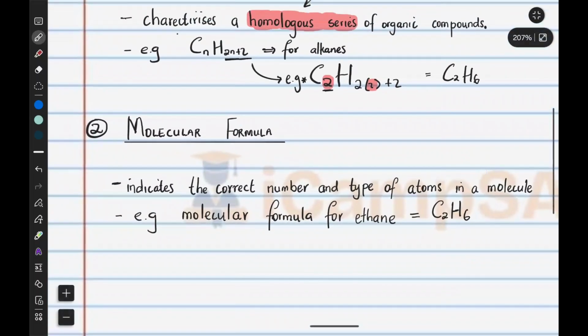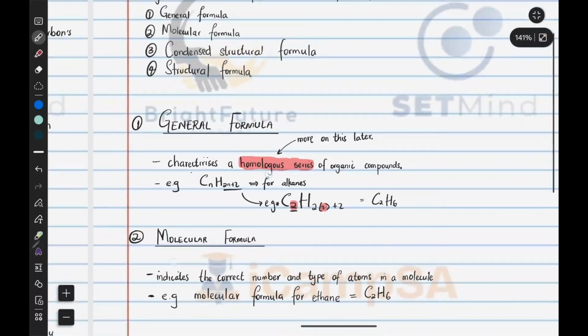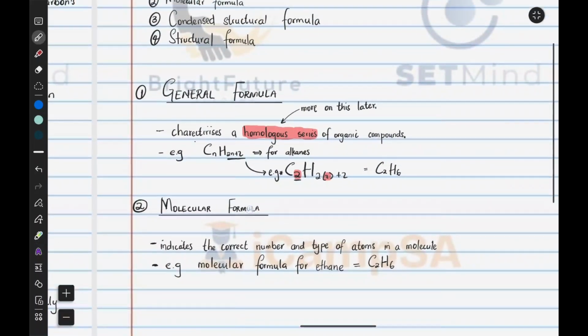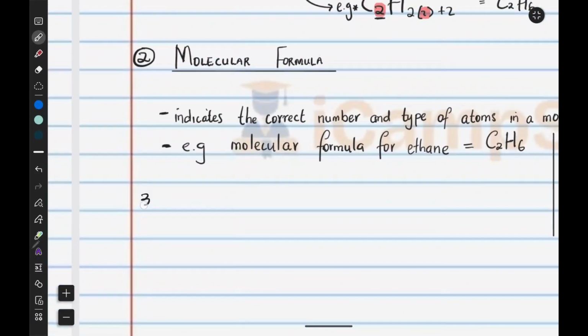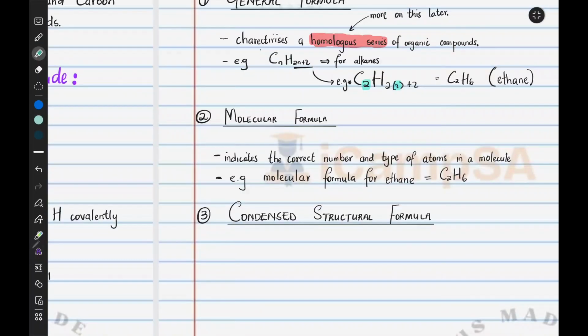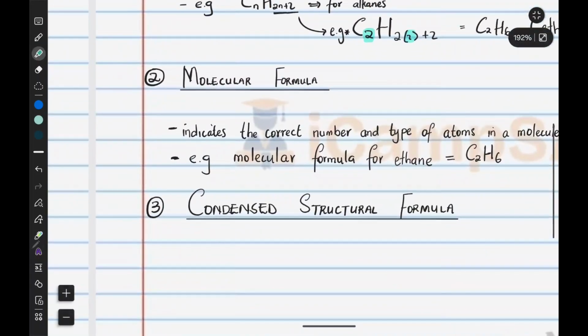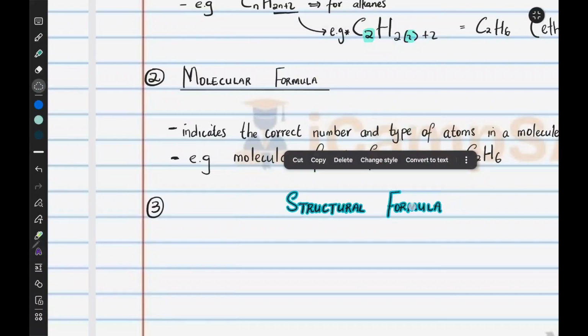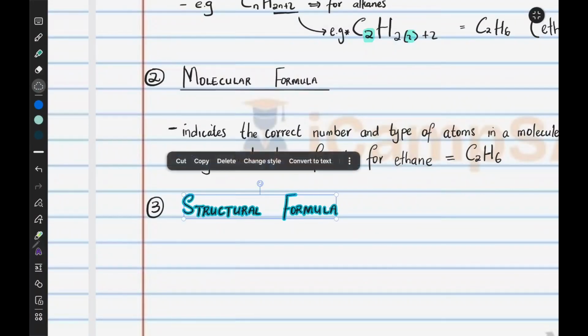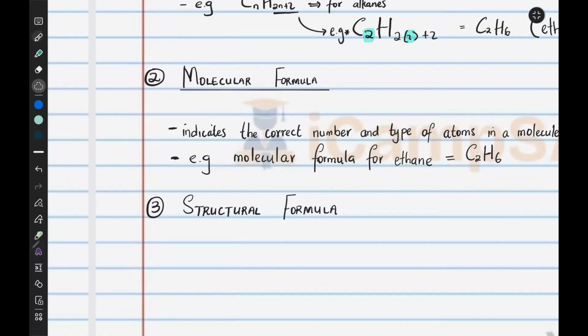And then we also mentioned a condensed structural formula as another way of describing an organic compound, right? But it makes more sense to first look at a structural formula, because a condensed structural formula is like a summary of a structural formula. A structural formula, in essence, shows us how atoms are attached to one another.